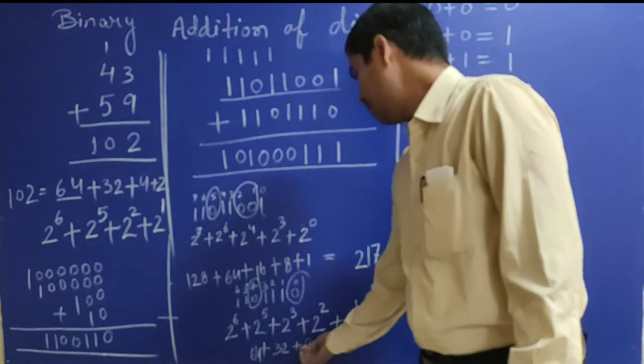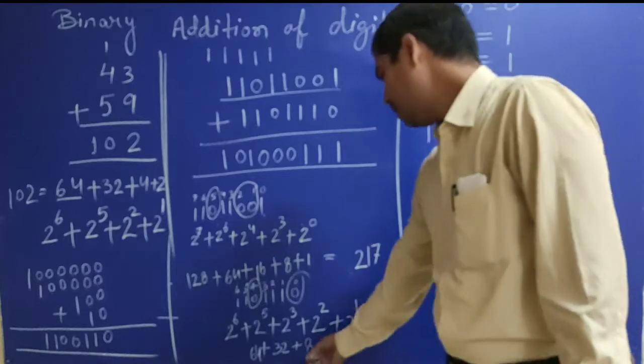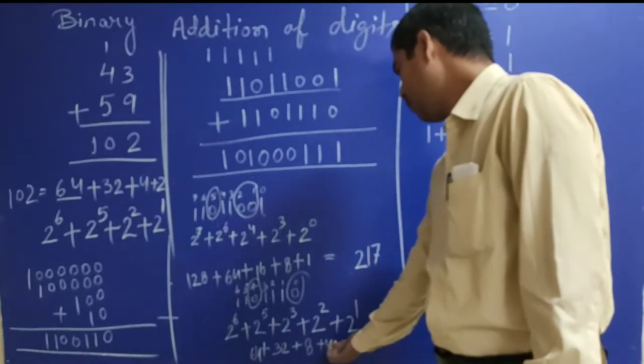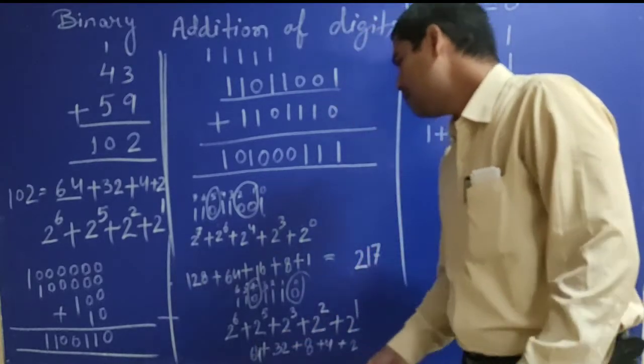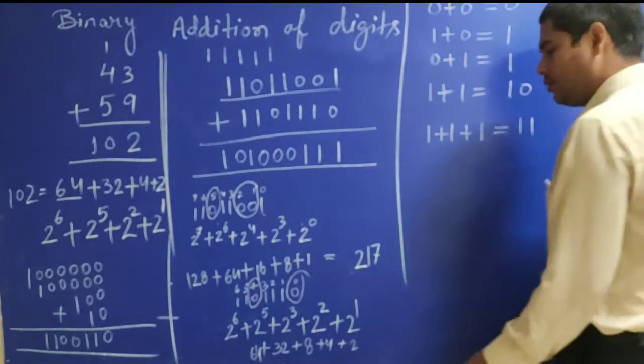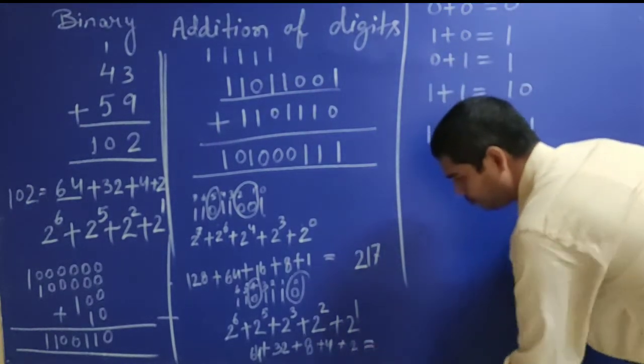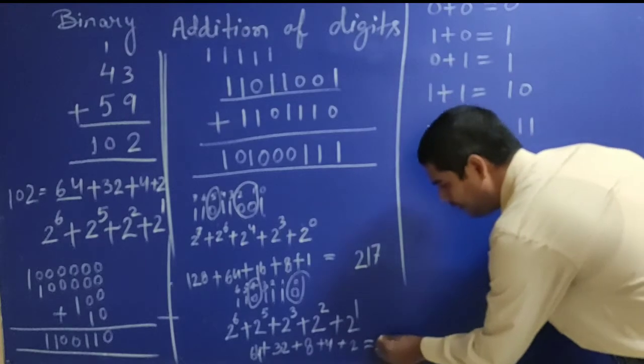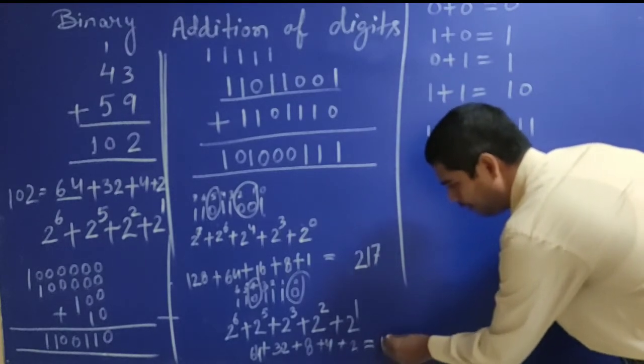So 2 plus 4 plus 8 will become 14, 14 plus 32 is 46, and 64. Means it will become 110.